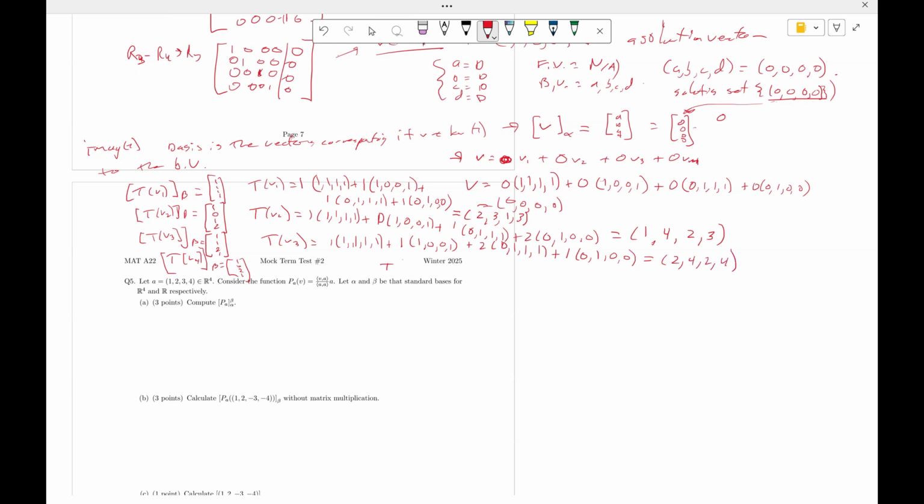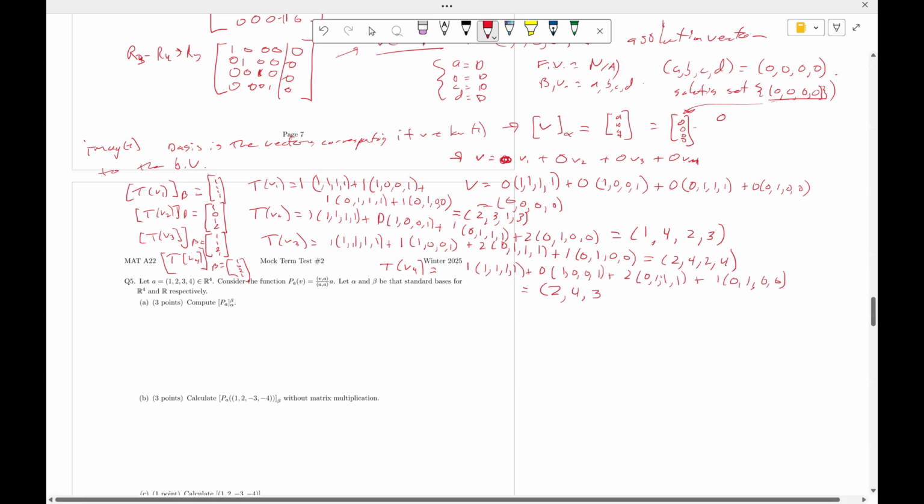And our last vector, T of V4 equals 1 times 1, 1, 1, 1, plus 0 times 1, 0, 0, 1, plus 2 times 0, 1, 1, 1, plus 1 times 0, 1, 0, 0, which equals the vector 1, 3, 3, 4. So that's T of V4.